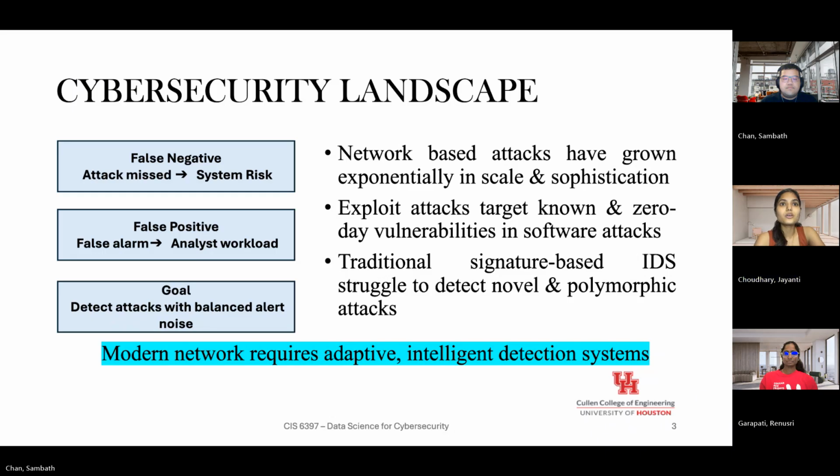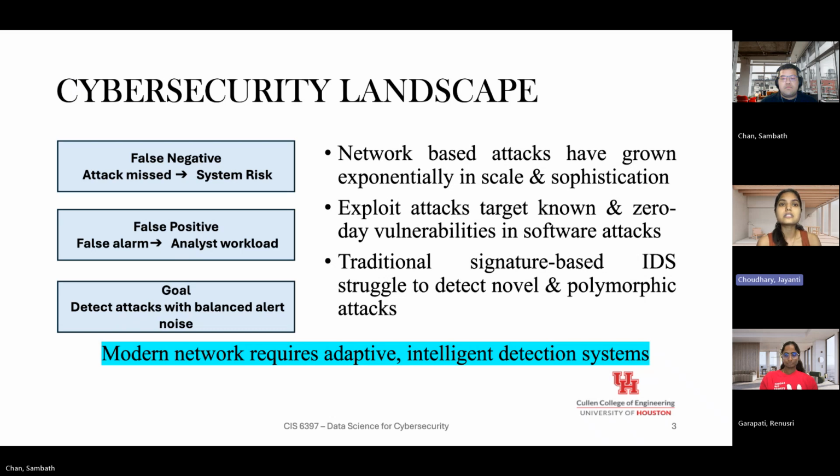To understand our work, let's first look at the current cybersecurity landscape. Today's network attacks are not only increasing in number, but also becoming more sophisticated. A major challenge is exploit attacks, which target software vulnerabilities, including zero-day attacks that are unknown to the system.